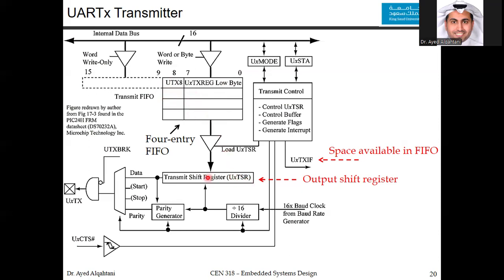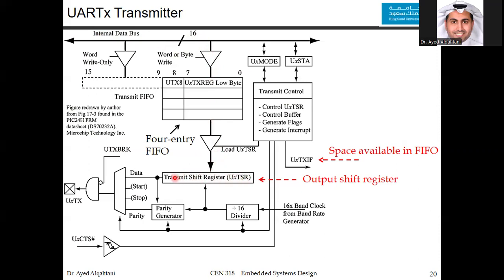You can also have one more in processing, transmitting right now in the transmit shift register. So in total you have 5: a frame being transmitted in the shift register, and waiting in the queue, 4 frames. That's the maximum. Let's say you have 5 frames that you want to send. You get the first from the bus, and the FIFO is empty, so right away you put it in the transmit shift register.